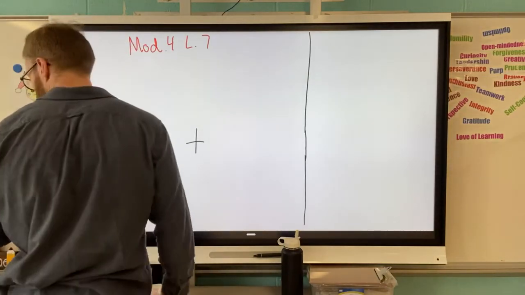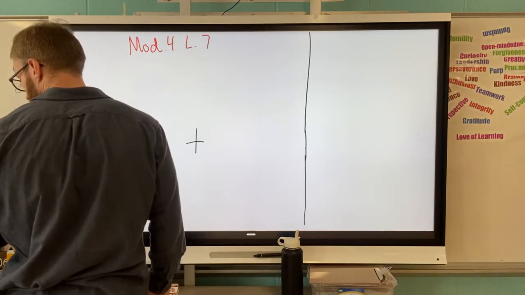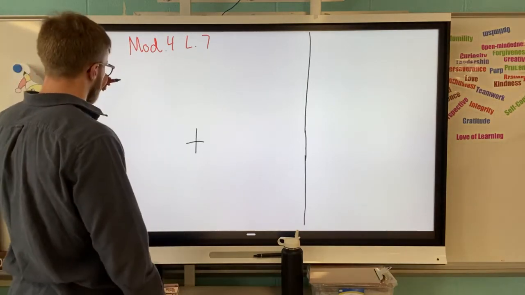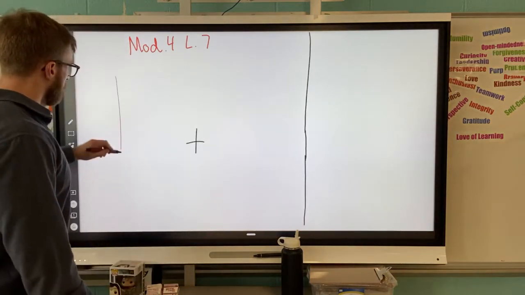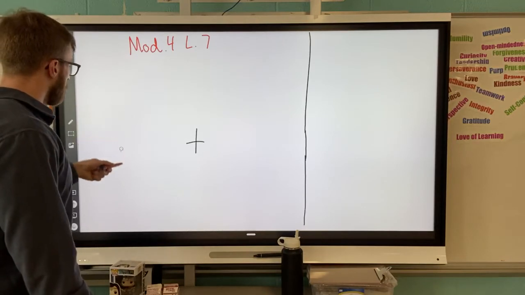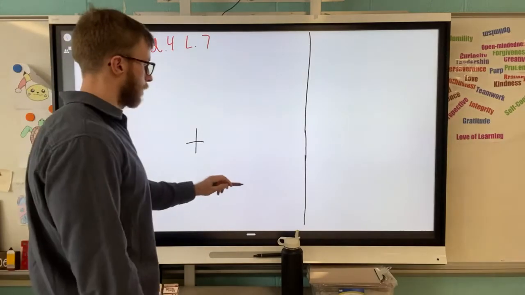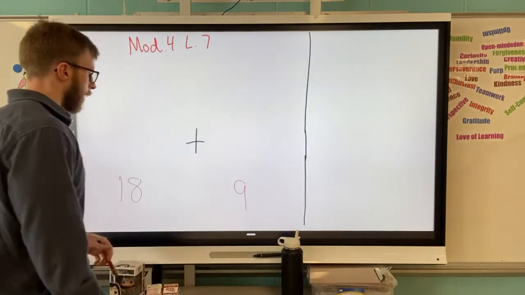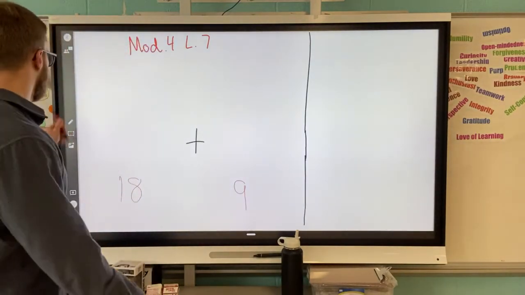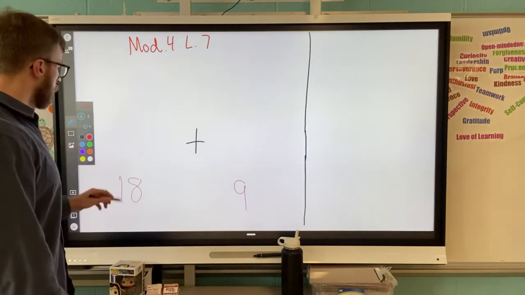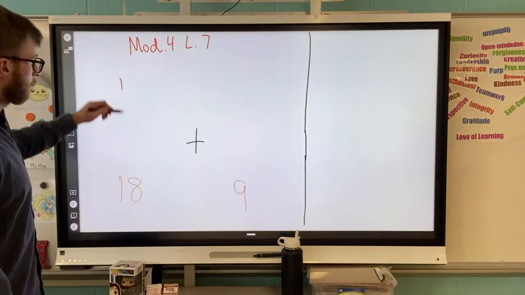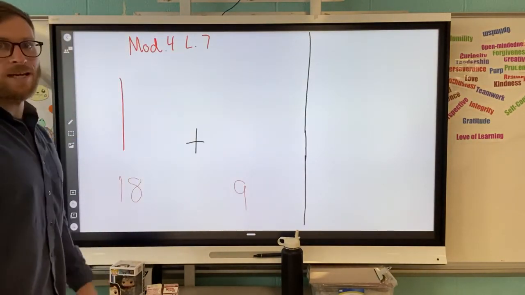Let's try 18 plus 9. Okay, and we're going to draw these out as a picture first, so draw them with me. 18, I have 1 10, and then 8 1s.